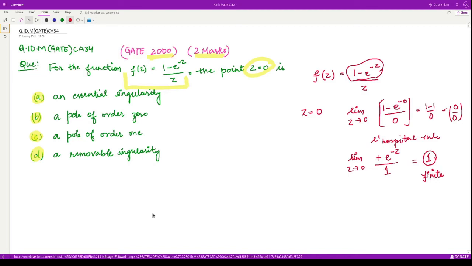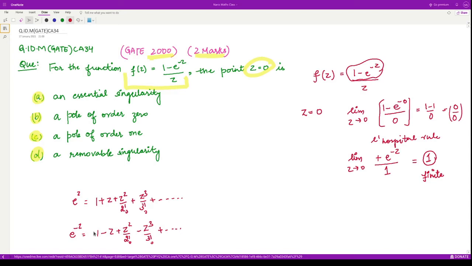And if you check the function by expanding the series, you know e to the power z is equal to the series 1 plus z plus z square by 2 factorial plus z cube by 3 factorial and so on. So e to the power minus z would simply be 1 minus z plus z square by 2 factorial minus z cube by 3 factorial plus and so on.